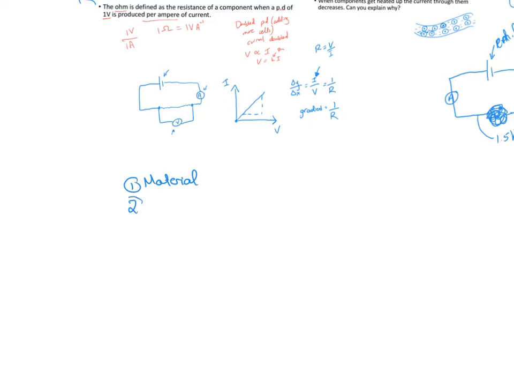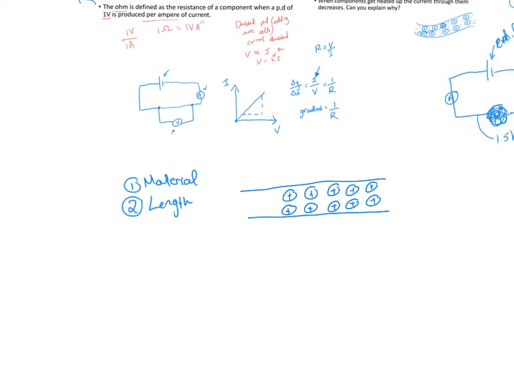The length of the wire is another factor. If you want to view it in this way, if you have a longer path for electrons to pass through, that means there are going to be more collisions compared to a shorter length wire. If there's a longer length wire with more collisions, that will mean they require more energy per unit length to be given away.